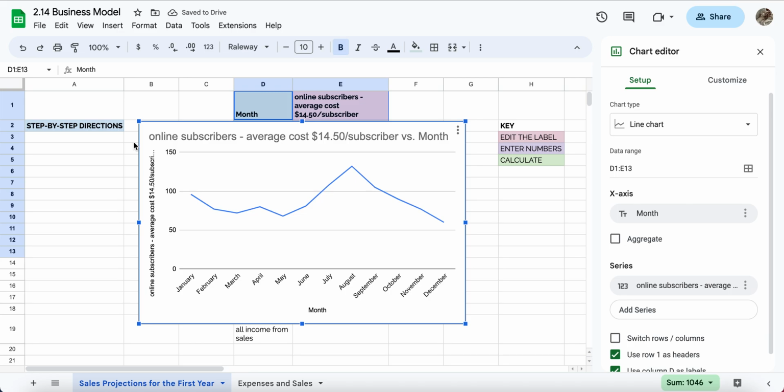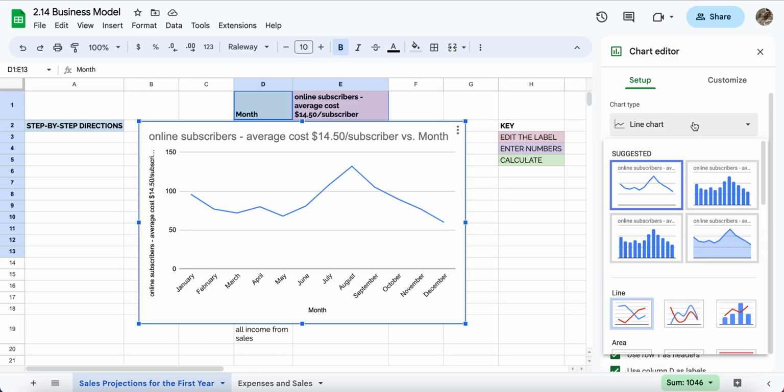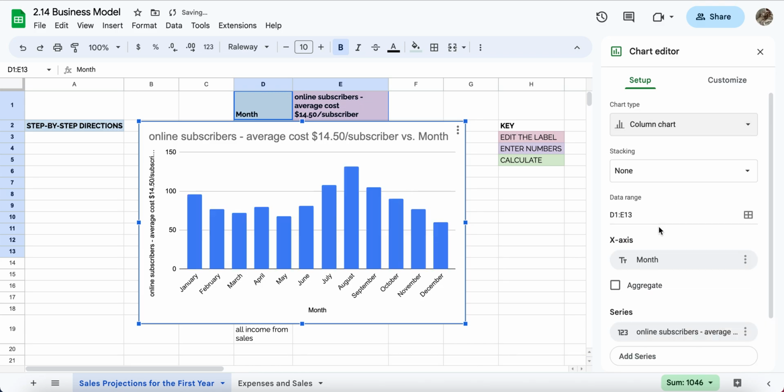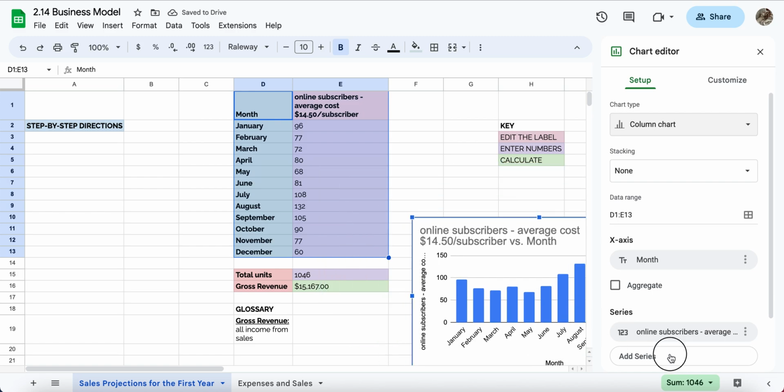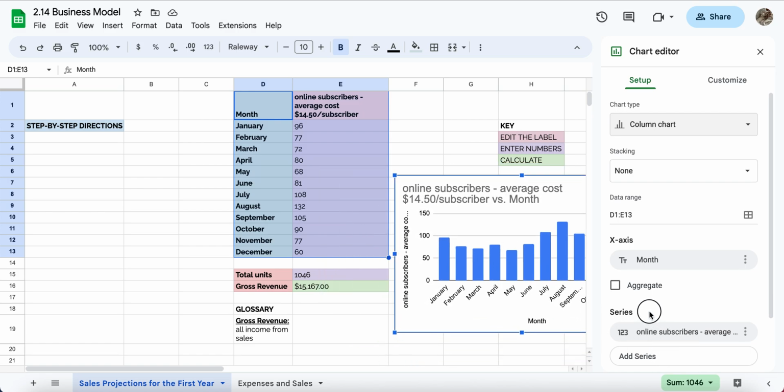Google Sheets is going to pick a chart for you. You want to make sure that you go over here and change it to a column chart. You can then resize it and move it over here.